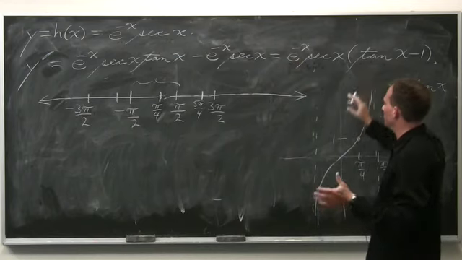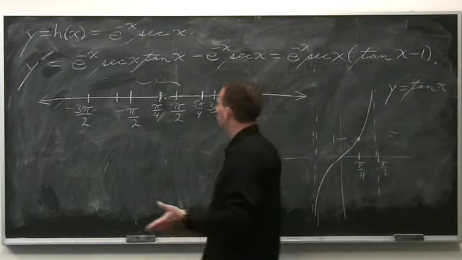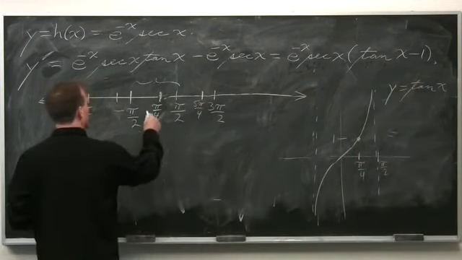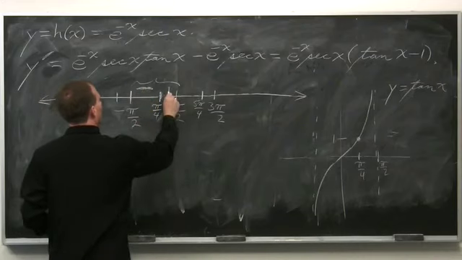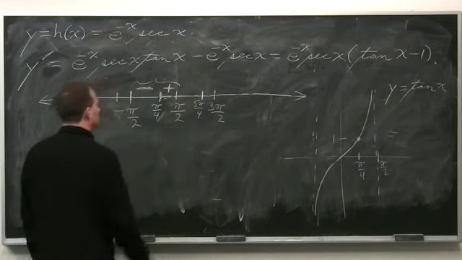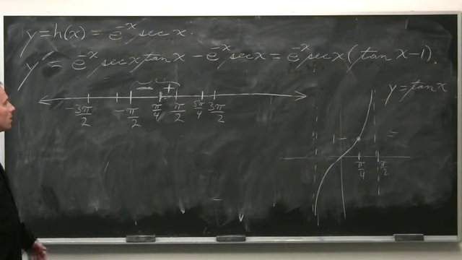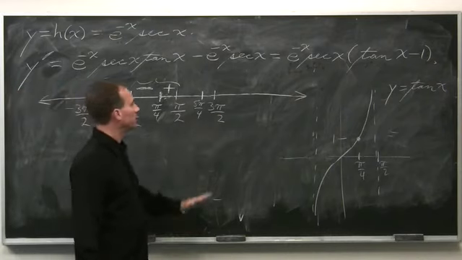The sign of this depends on tan x minus 1. Well, tan x is less than 1, so tan x minus 1 is negative here and positive between pi over 4 and pi over 2. Okay. Then what do you have to do? Well, then you look between pi over 2 and 3 pi over 2.